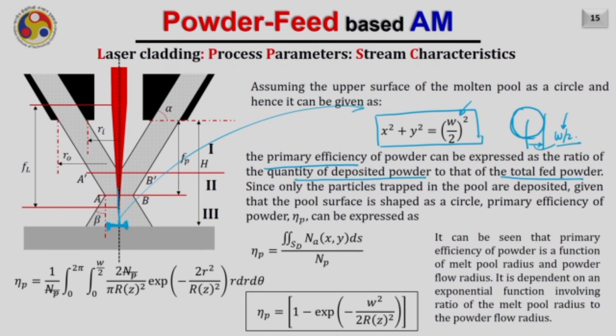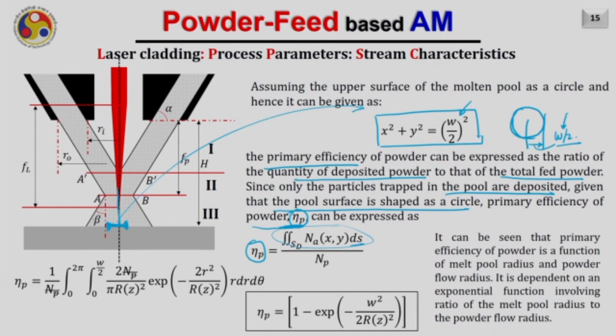Since only the powder particles trapped in the pool are deposited, given that the pool surface is shaped as a circle, the primary efficiency of the powder particle, represented here by eta p, can be easily expressed by this formula. So, it says eta p equals double integral of the distribution C(x,y) dS. So, this is the area integral for the distribution of the powder. So, mathematically it is represented here.